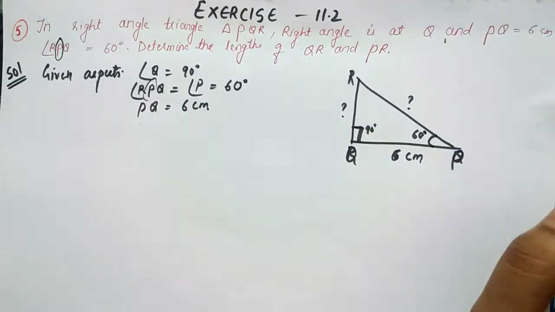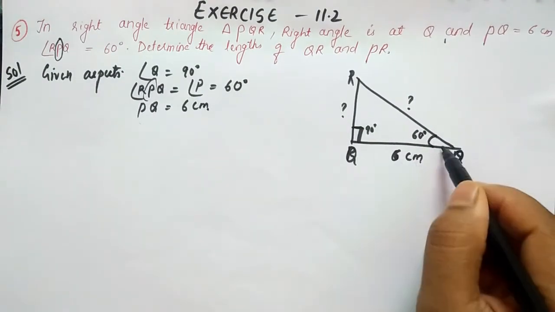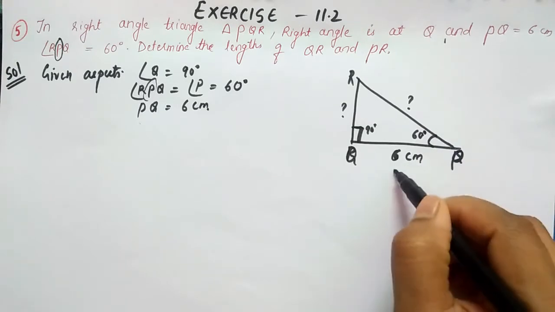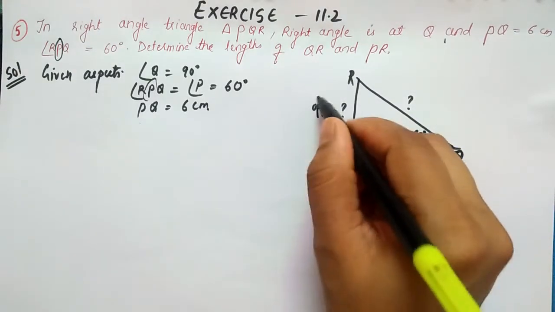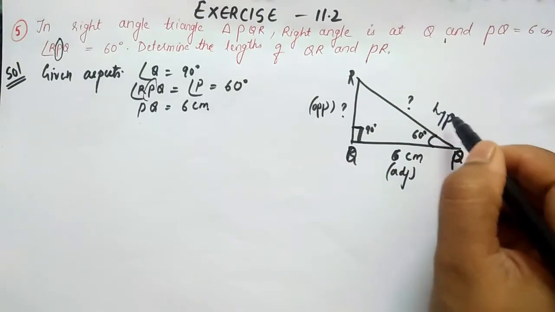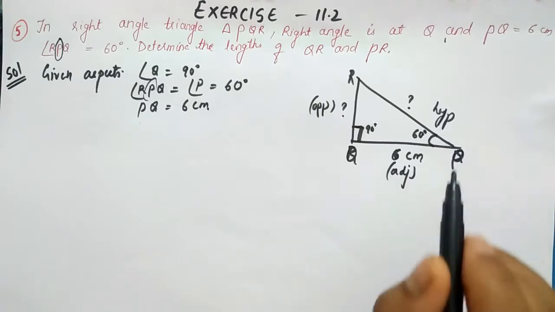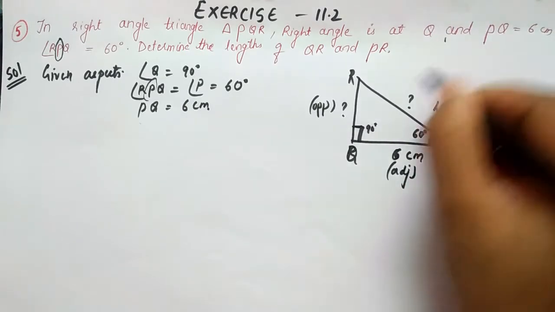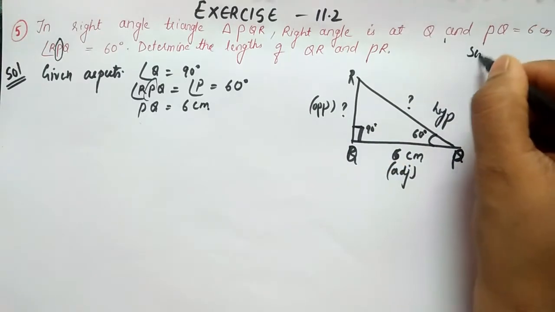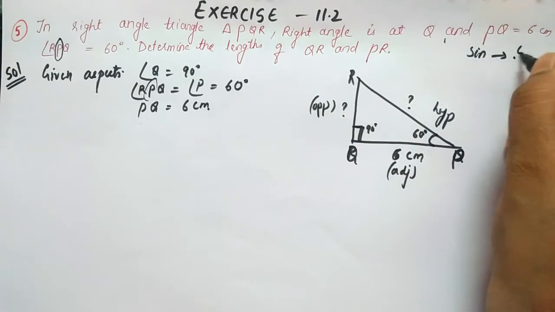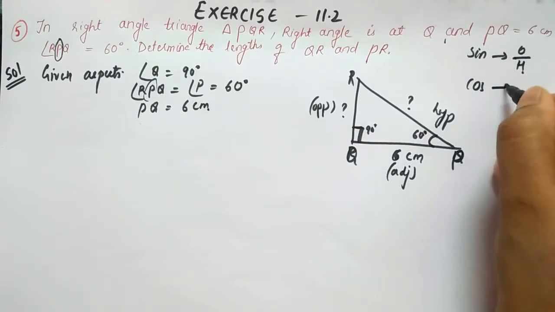From angle P, the adjacent is given. The opposite of angle P is not given, and the hypotenuse is also not given. So check for a trigonometric ratio which deals with adjacent. Sine? No, it is opposite by hypotenuse. Cos?